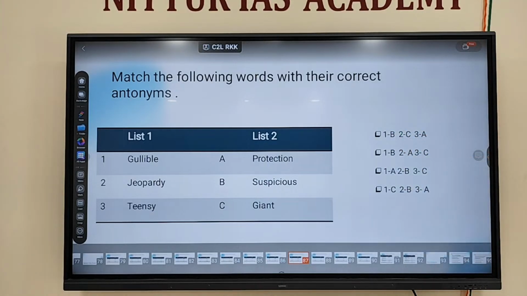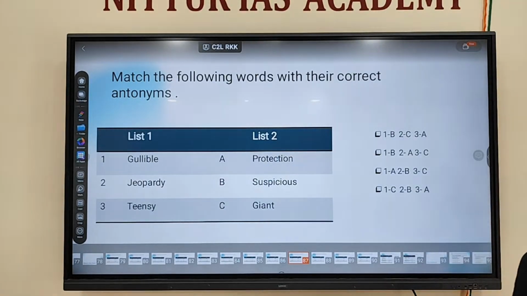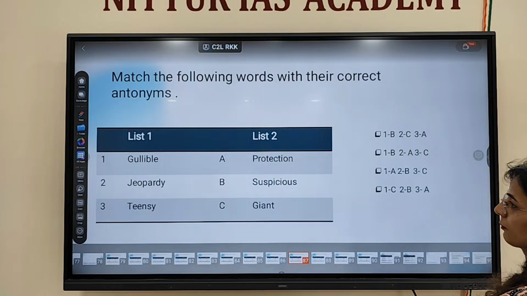The opposite of gullible could be protection, suspicious, giant. Jeopardy is a political word. Check with Google. I would suggest you check with Google. One of you check gullible, one of you check jeopardy, one of you check tendency. Teensy, I don't know how to pronounce this.